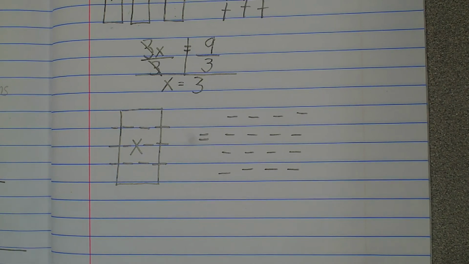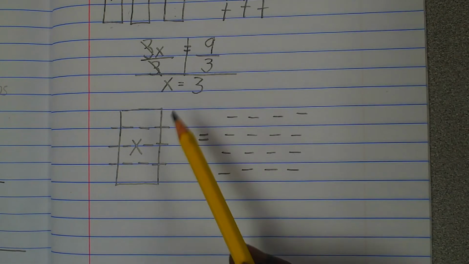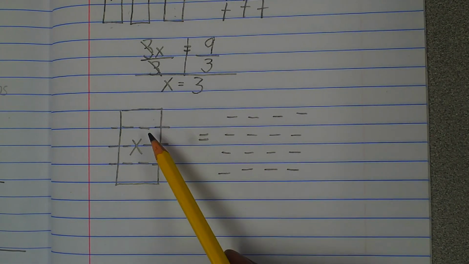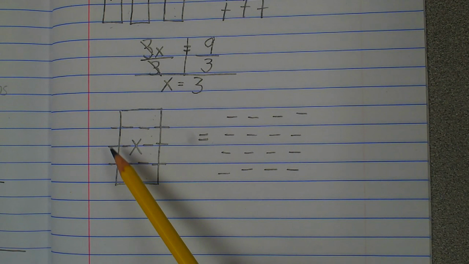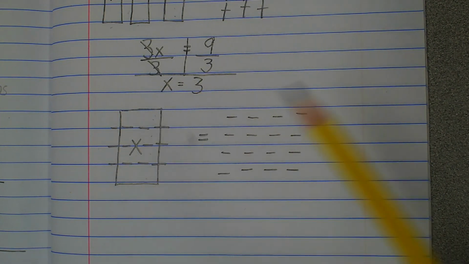So if we notice here, we have an x, but it's being split up into equal parts. So could someone tell me what they think this operation would be here? Or what would we write for the equation?